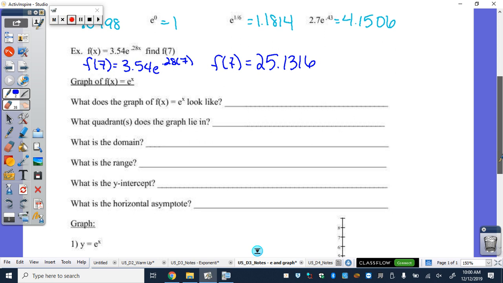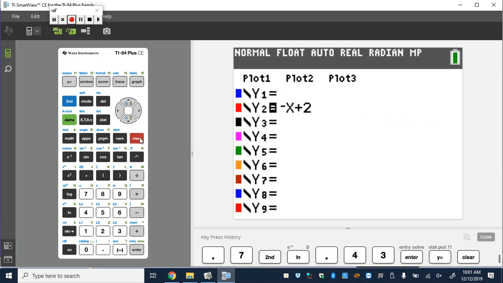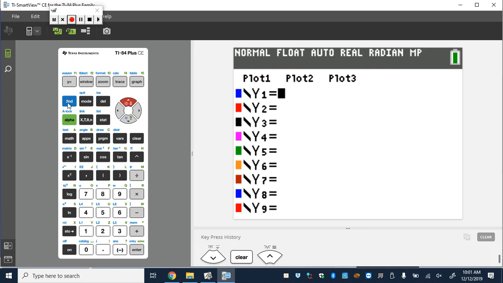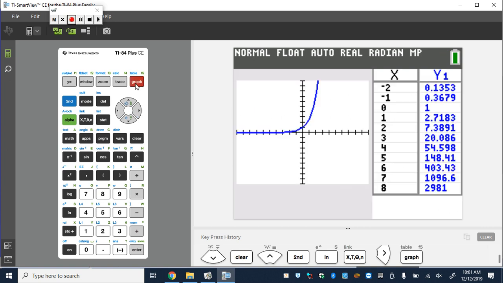So now, let's take a look at what the graph of e to the x would look like. Go to your y equals. I already have stuff in there, so I'm going to clear that out. e to the x. And what does it look like? Looks exactly like what we were just graphing, doesn't it?